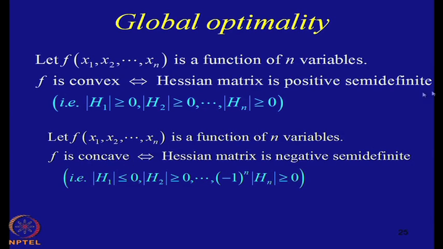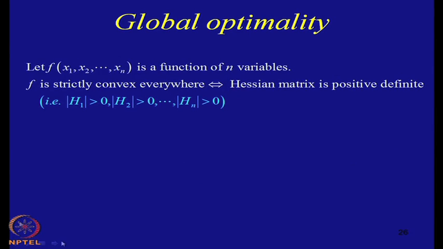For checking positive definiteness, we know the principal minors, the determinant values, will be all positive; for semi definiteness, that is why the greater than or equal to sign is there. And for negative semi definite, we should have alternating signs of the principal minors starting from a negative value.